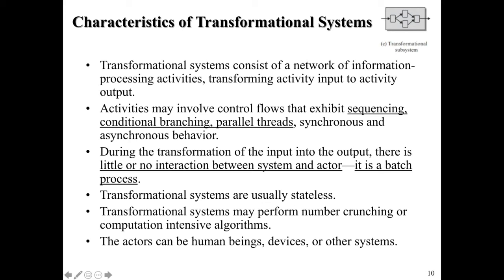See here, transformational systems perform number crunching. Number crunching means a lot of numerical data, a lot of digital data, will be processed. Number two, there are computationally intensive algorithms, like performing addition, subtraction, division, or anything which is using a lot of CPU.